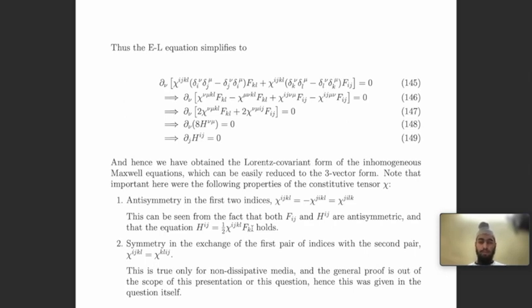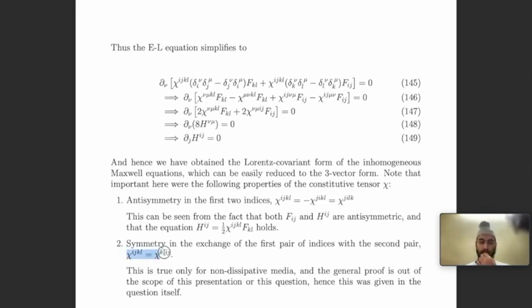The other is that for non-dissipative media, we discussed the symmetry of chi, that ijkl becomes klij and it's the same tensor. The proof of this is out of the scope of this presentation or this question, but for that purpose this has been given as a formula you can use.